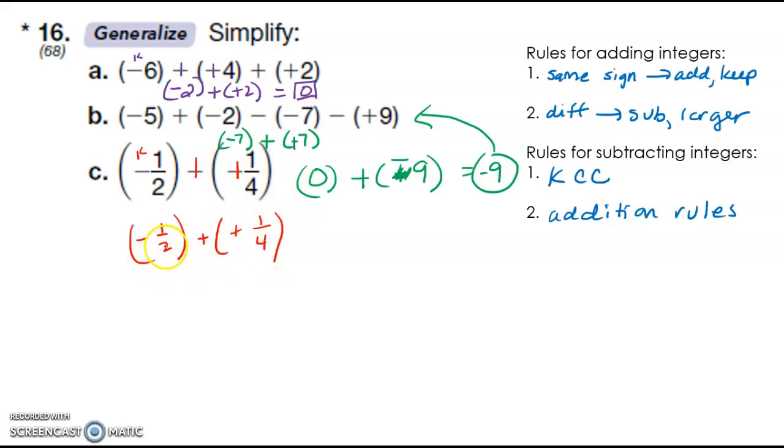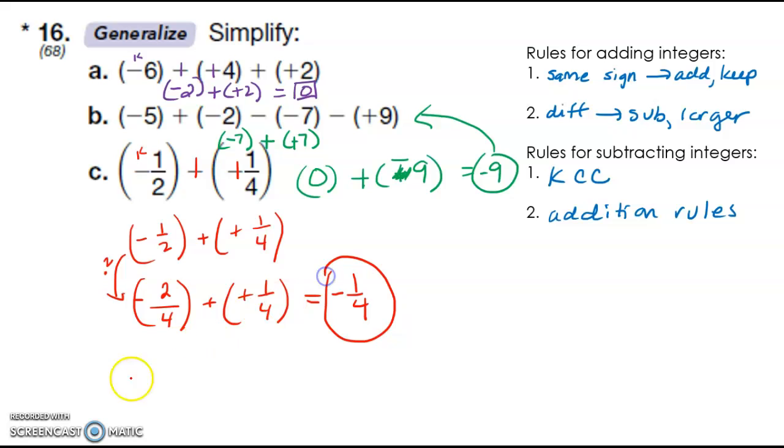I'm going to have to get common denominators since I'm adding and subtracting. I'm going to change this to something with a 4 in the denominator by multiplying by 2. 2 times 2 is 4. 2 times 1, so this is negative 2/4 plus a positive 1/4. Since they're opposite signs, I'm going to subtract and take the sign of the larger. And that's my answer.